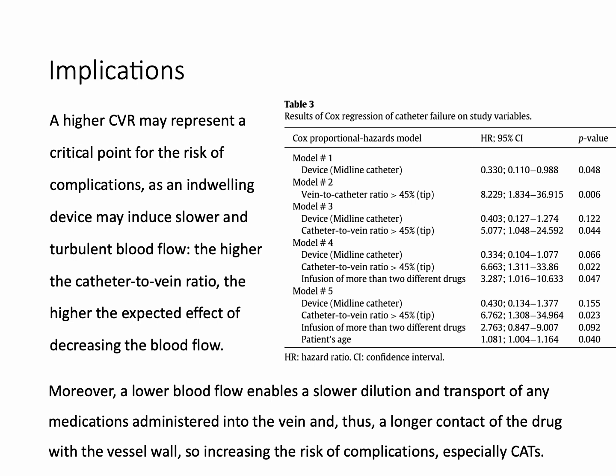Moreover, a lower blood flow rate allows slower dilution and transport of medications administered into the vessel, thus prolonging contact of the drug with the vessel wall, which may cause damage to the endothelium, therefore increasing the risk of complications, particularly catheter-associated thrombosis.